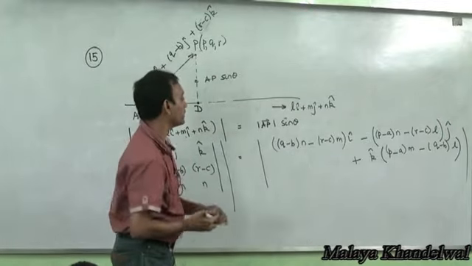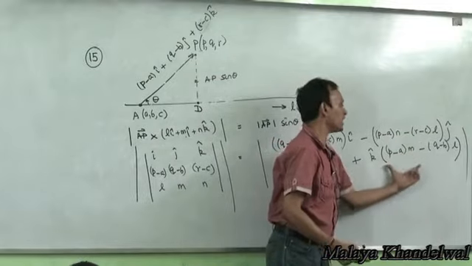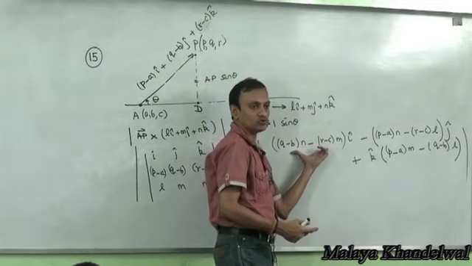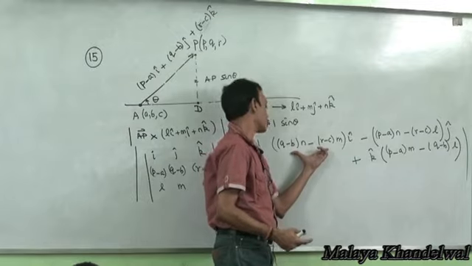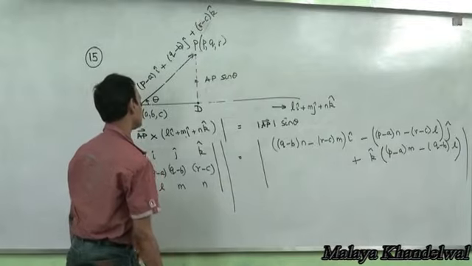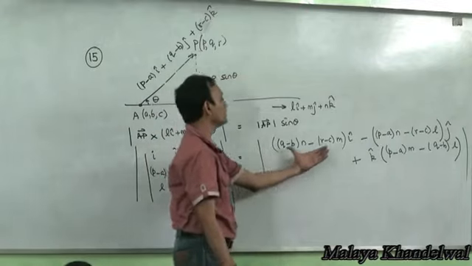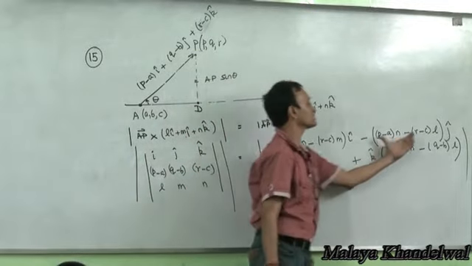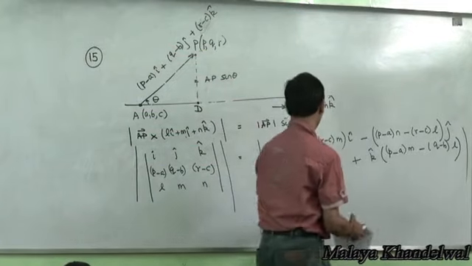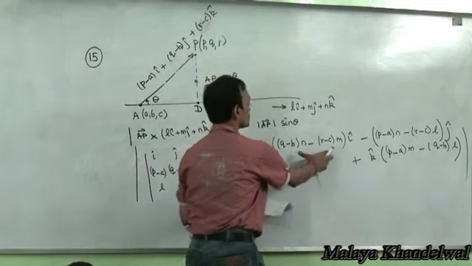Clear? And the magnitude of this would be what? Root this square plus this square plus this square. That's a magnitude. That means root summation of this square. Q minus B into N minus R minus C into M, which is this.